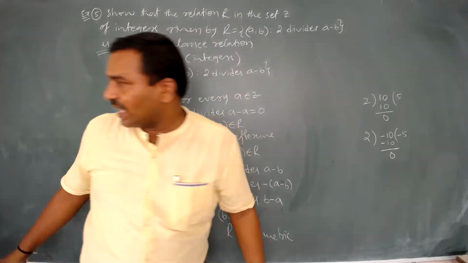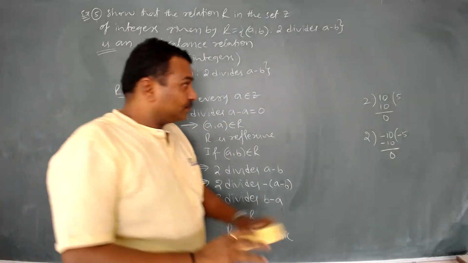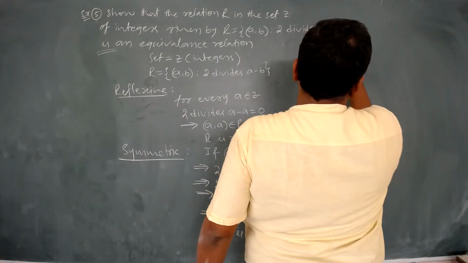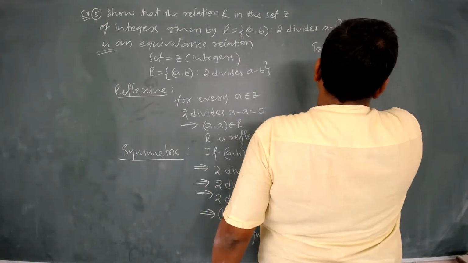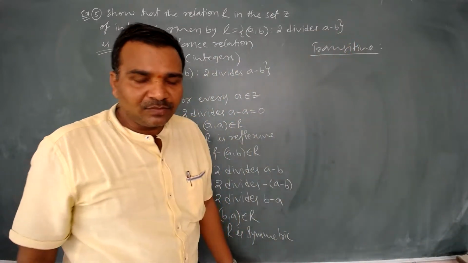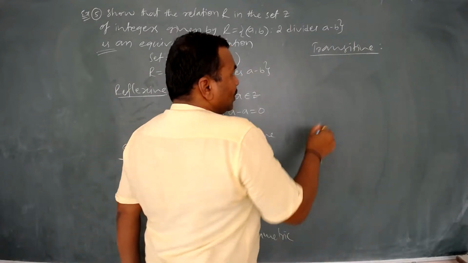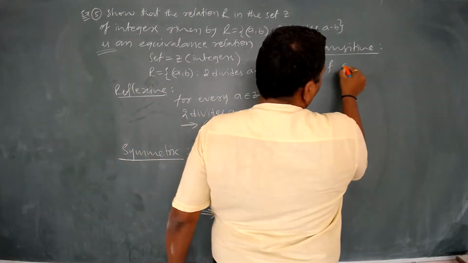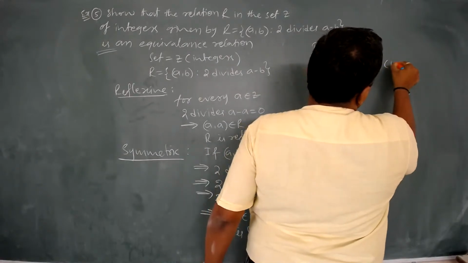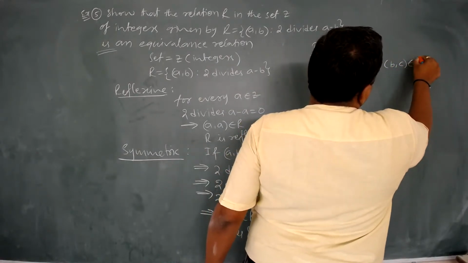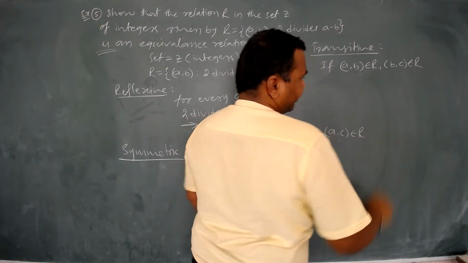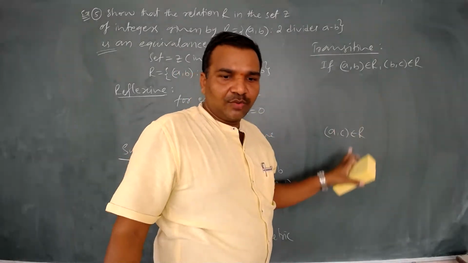Next, go for transitive. Try to understand. What is transitive? If (a, b) belongs to R and (b, c) belongs to R, then we have to prove (a, c) belongs to R. We take these two and prove this one.